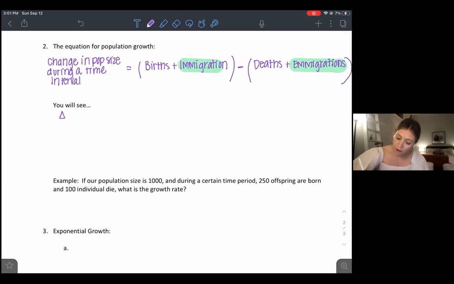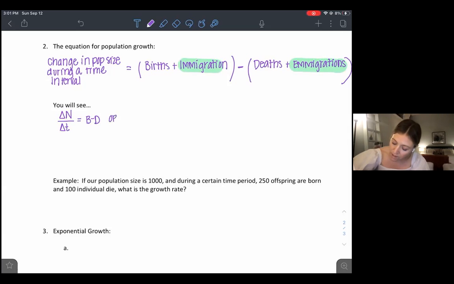Okay, so what you're often going to see is the change in N, which is going to be our number of organisms in our population, over our change in time, all right, is going to be B minus D. So that's basically what we just wrote up there.